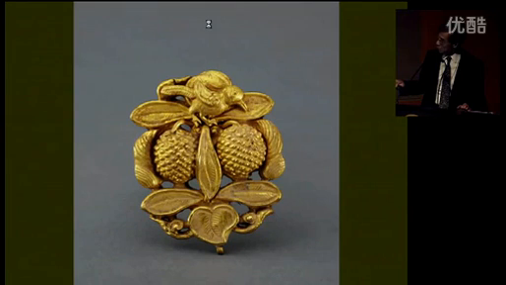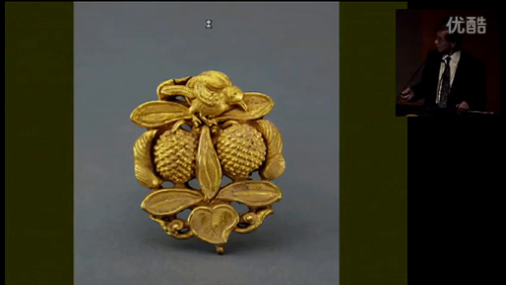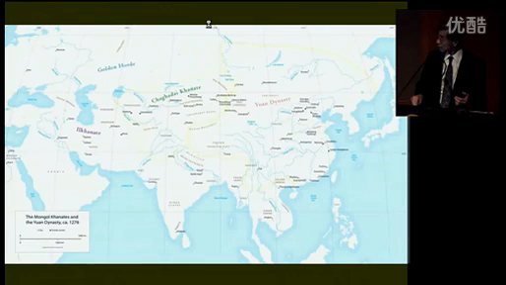And you don't need to know about gold working to know this is Chinese, because the fruits look like lychees and they don't grow in deserts or on the prairie. But the whole thing is done in repoussé, and that is the native Chinese gold working technique.